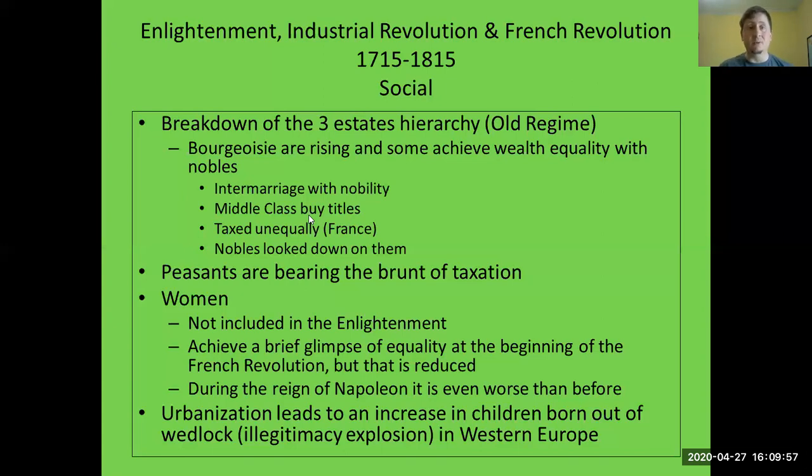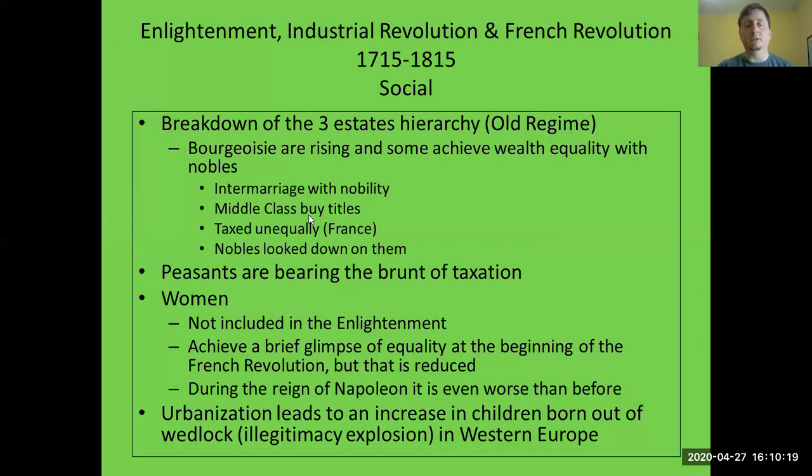In France, we know that the middle class are taxed unequally. We know that across the board, the nobility look down on these bourgeoisie. They see them as having made their money in the filthy world of business, as opposed to the much more noble way of making money, which is charging rent on your peasants.